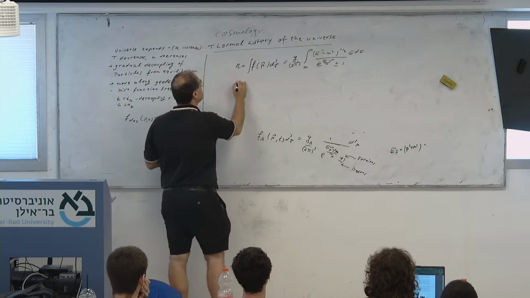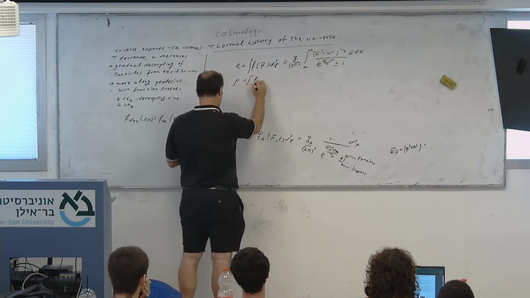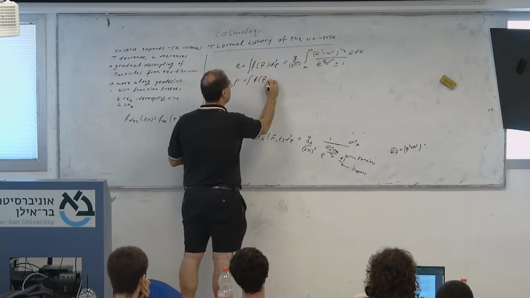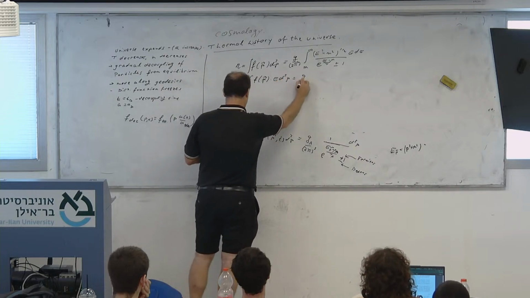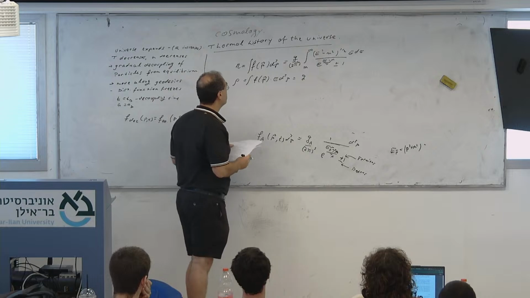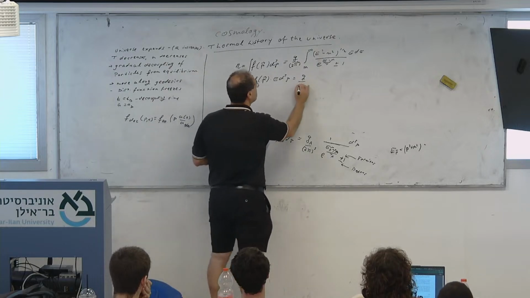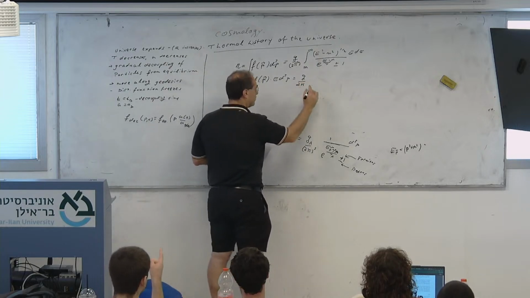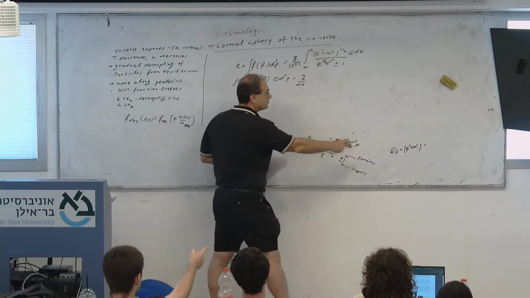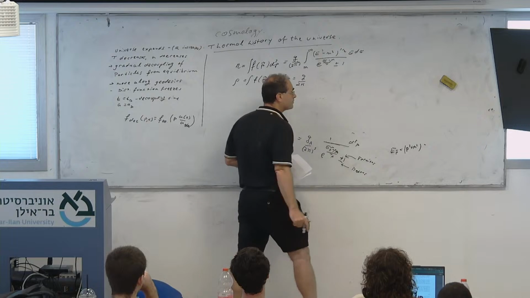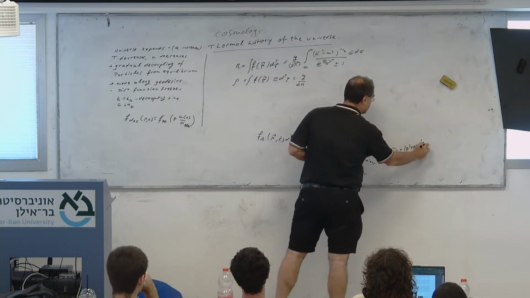The energy density is the integral of f of p times E d^3p. Where did you get that factor of E squared minus m squared? Oh, this is p. Yeah. Okay, I see. Okay, thanks.